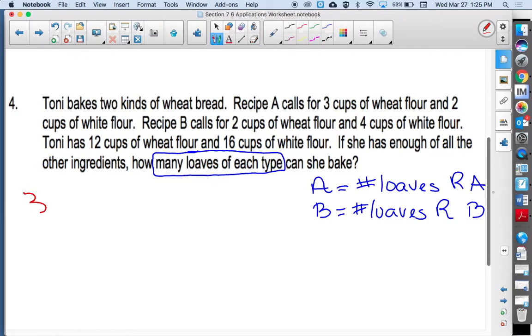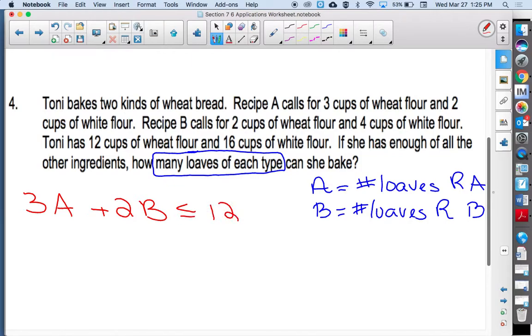All right, so instead of using wheat flour, we have 3 cups of wheat for recipe A, and then 2 cups of wheat for recipe B. And then you said less than or equal to 12.